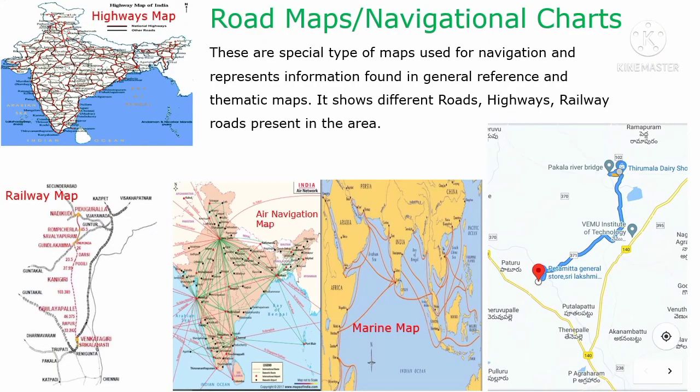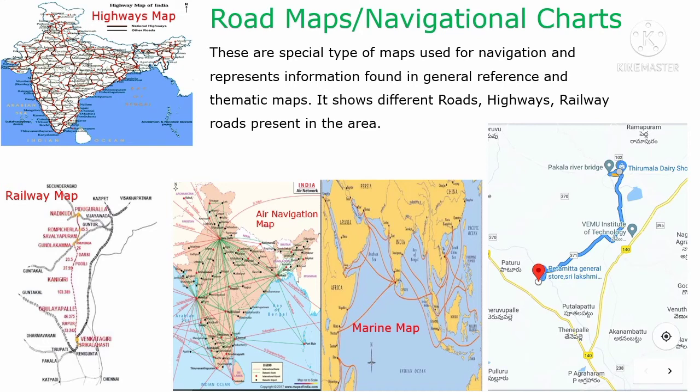Next, road maps or navigational charts. These are special types of maps used for navigation and represent information found in general reference and thematic maps. Road maps show the national highways and connecting roads to different paths, and the railroads and even the air routes, airways or the waterways in different areas.